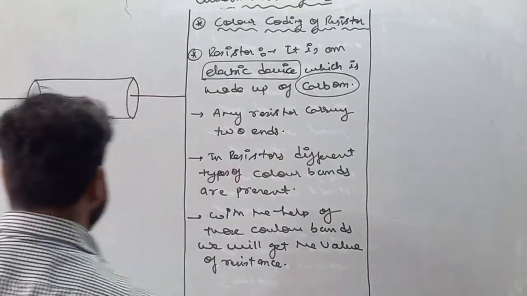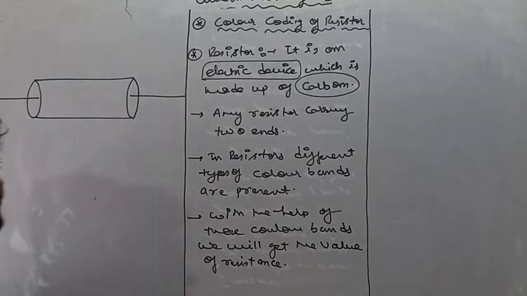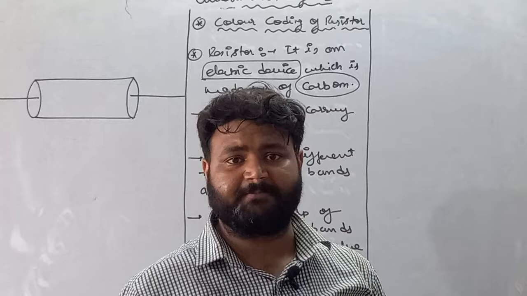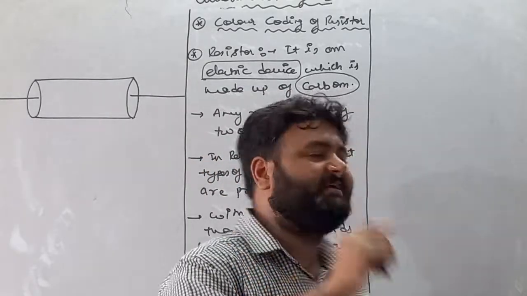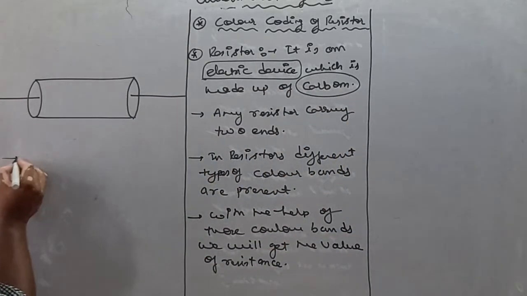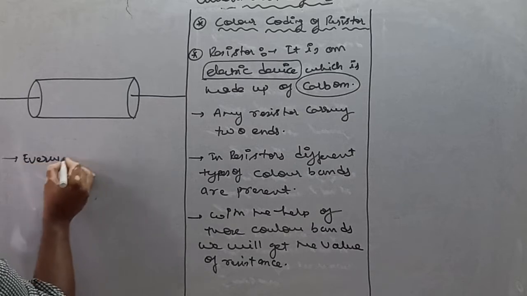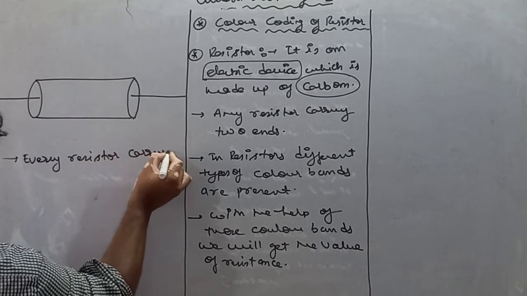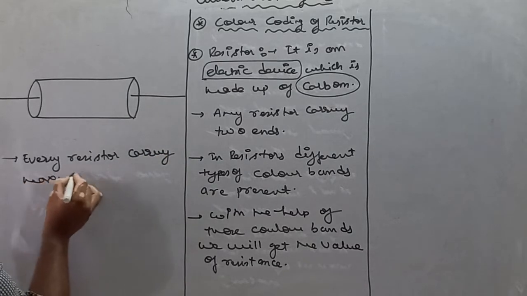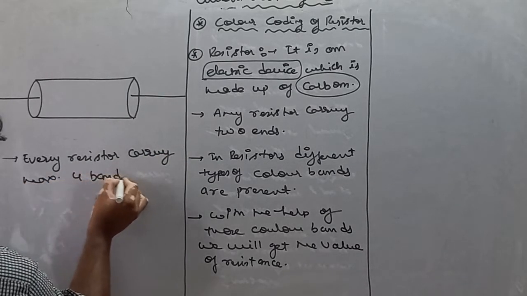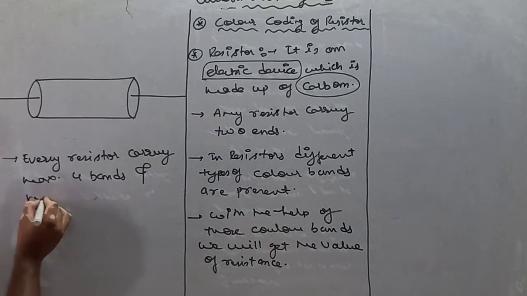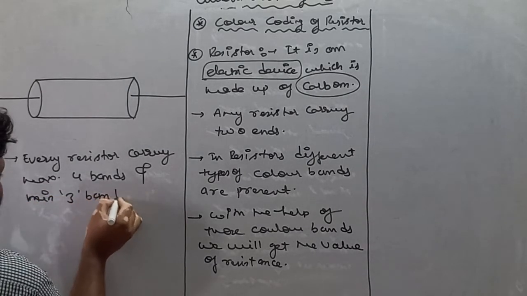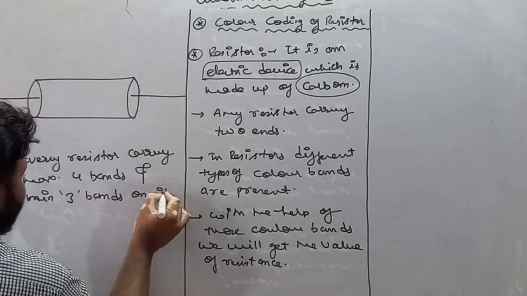Now see, my dear student, every resistor carries maximum 4 bands, not more than 4 color bands and not less than 3 color bands. So I'll write, every resistor carries maximum 4 bands and minimum 3 bands on it.